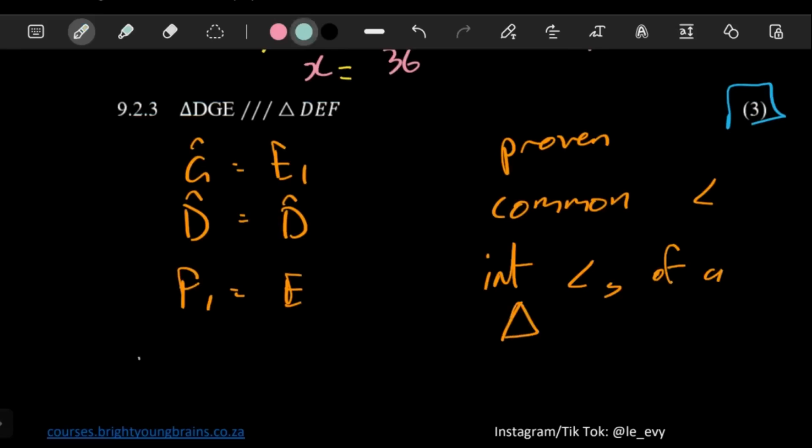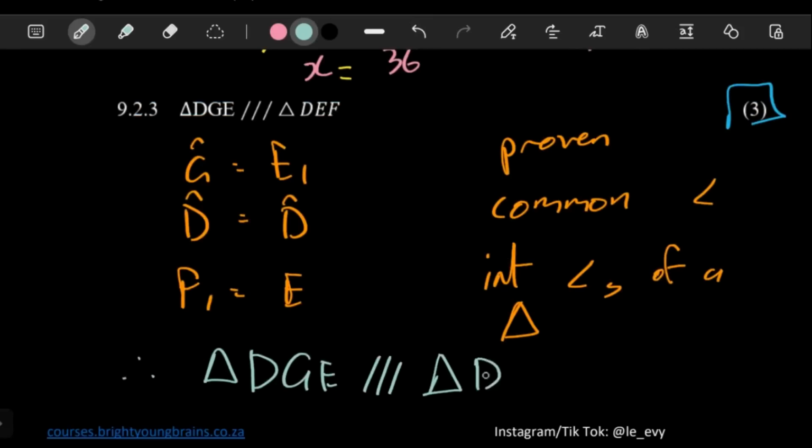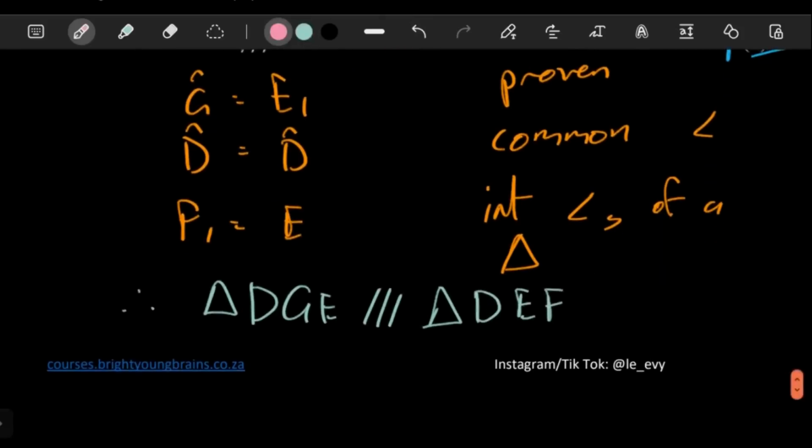So here we can say, therefore, triangle DGE is similar to triangle DEF. Great, this is good.